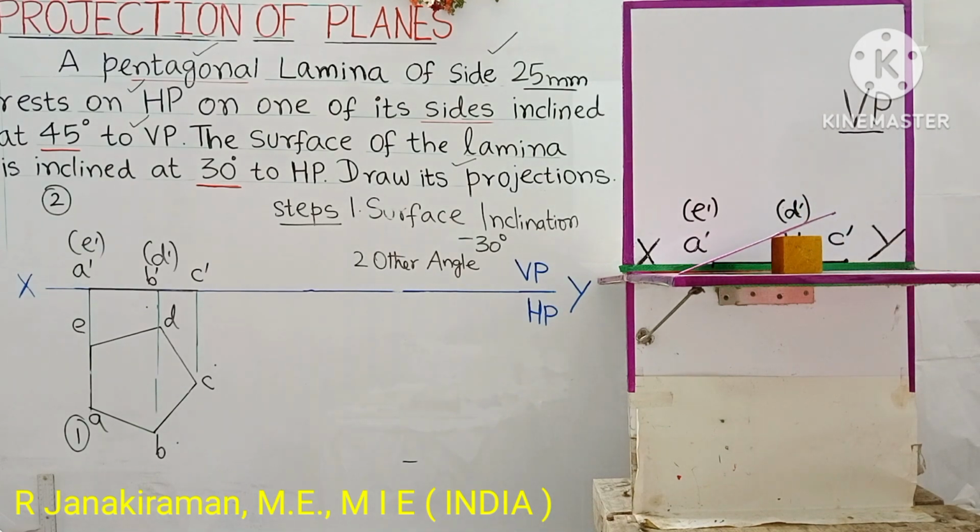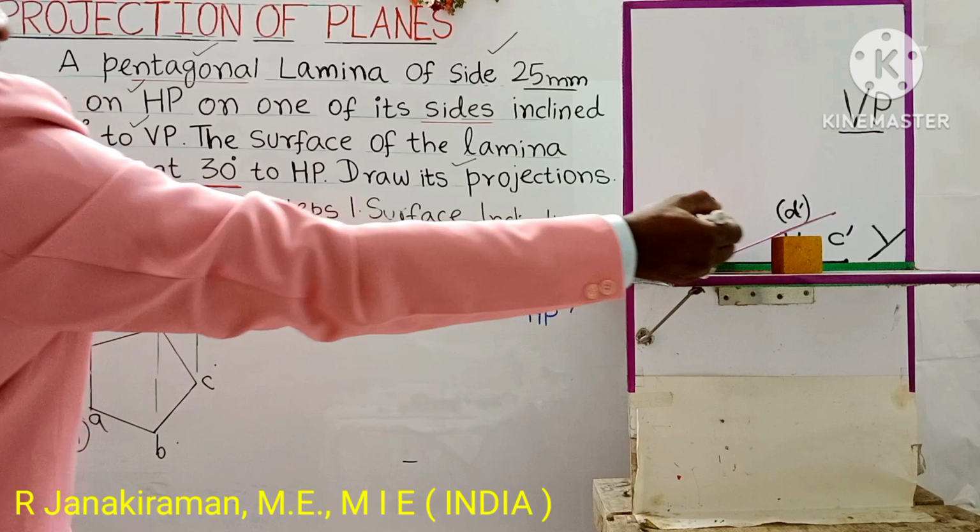So you can see one inclined line. That inclined line is called the surface inclination front view. This is the front view direction.